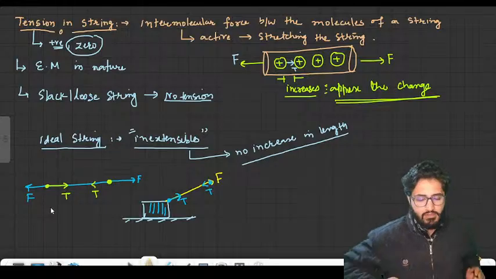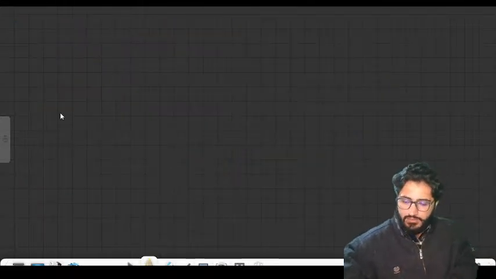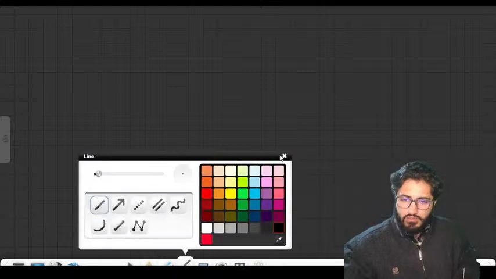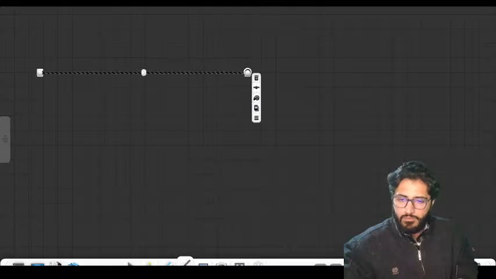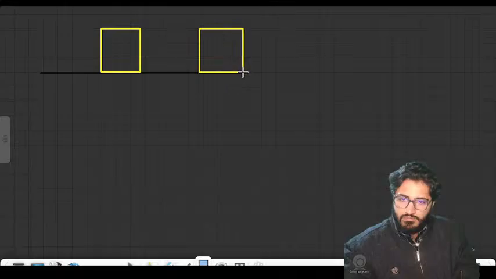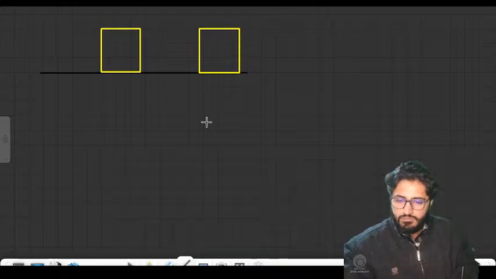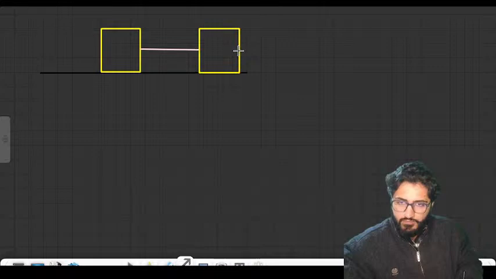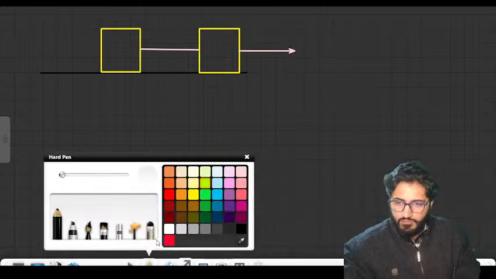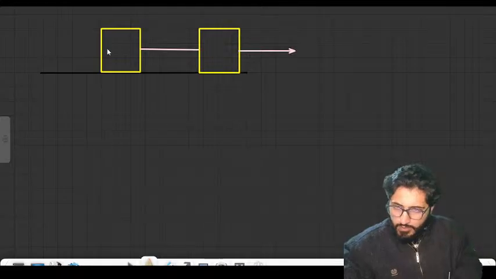Let us start now a numerical. Look now. One box of 2 kilogram.